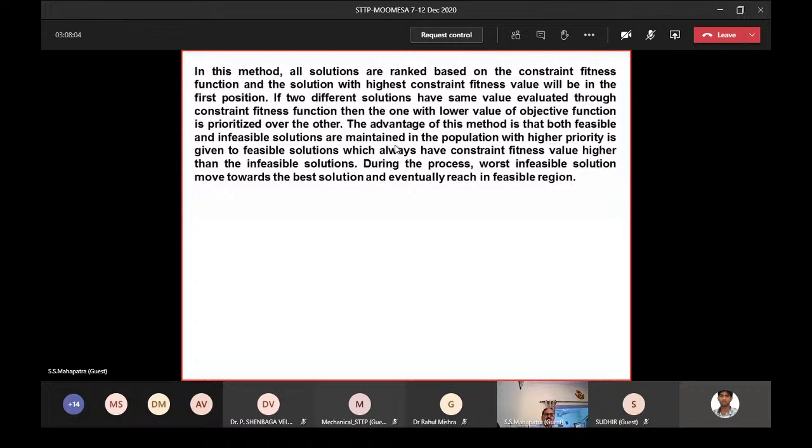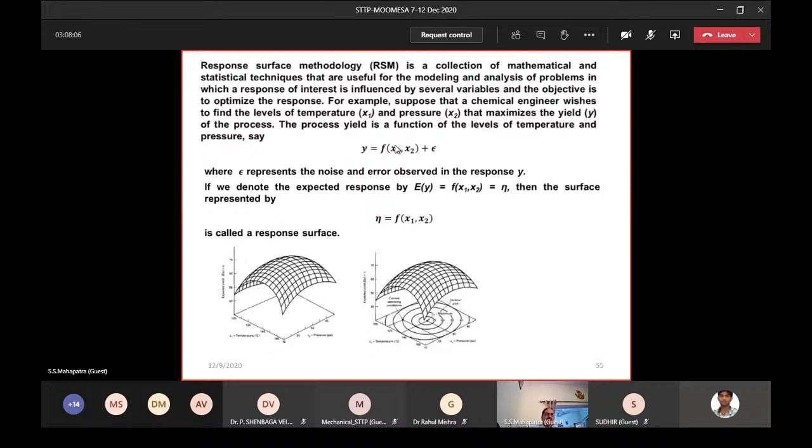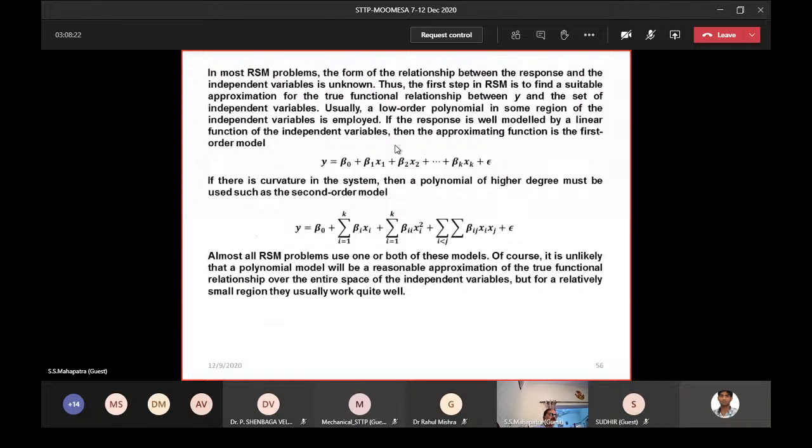So mostly what you do when the analytical solutions exist, we use the analytical solutions for optimization. If they do not exist, you use numerical methods for getting the objective function.